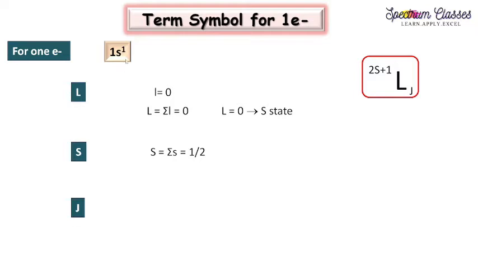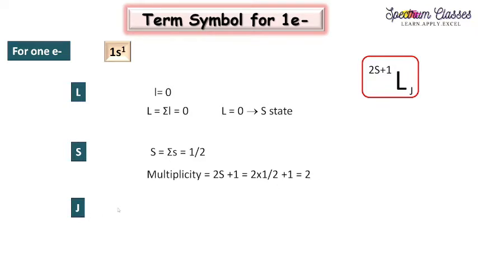For this one electron we have 1 by 2, so the total spin angular momentum is equal to 1 by 2. Using this spin angular momentum we now calculate the multiplicity. Multiplicity is equal to 2S plus 1, which is 2 into 1 by 2 plus 1. This gives us 2, which means it is doubly degenerate.